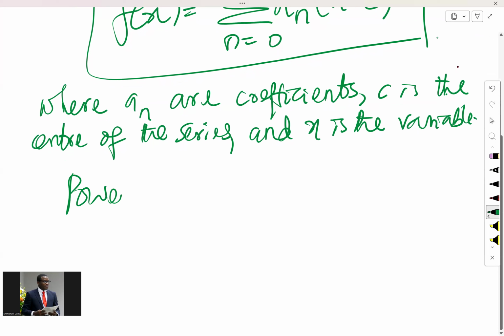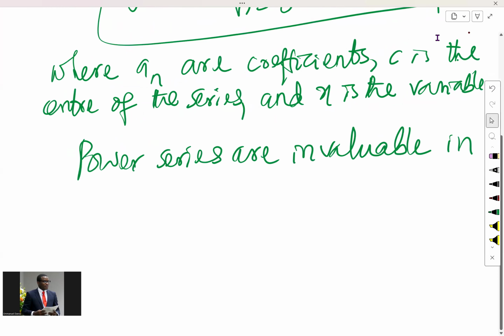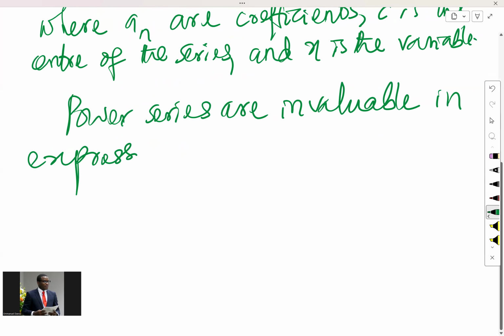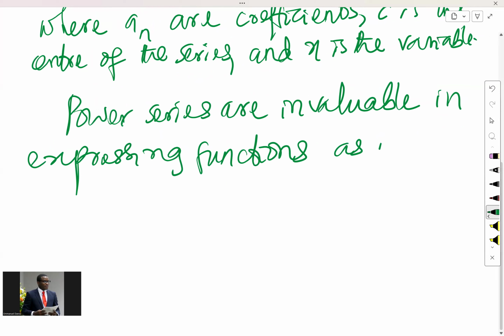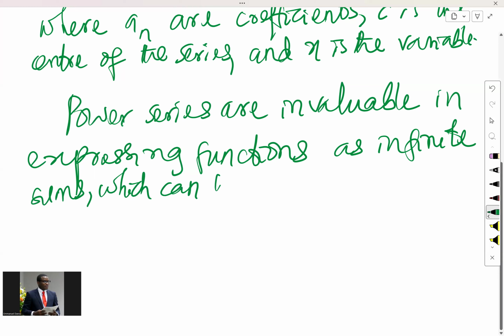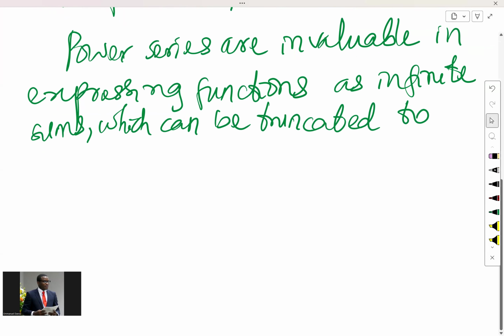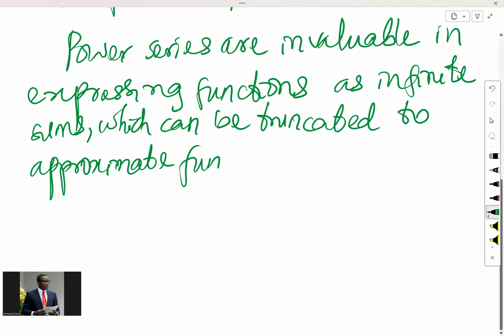Of course, power series are invaluable in expressing functions as infinite sums, which can be truncated to approximate functions with a desired level of accuracy.